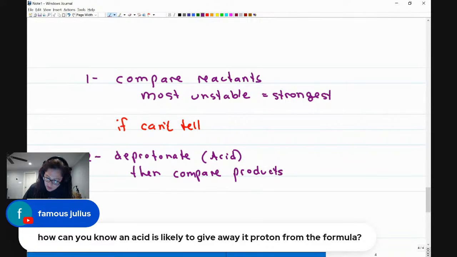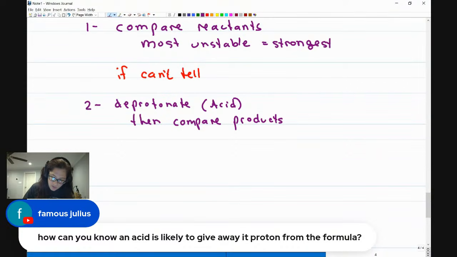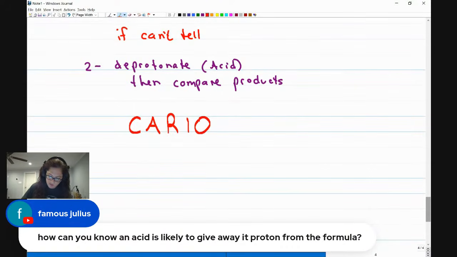Okay, I know this is very hypothetical, so let's turn it into very specific examples, and we're going to use the mnemonic CARIO. A lot of professors teach ARIO. I teach CARIO, and if your professor's teaching CARIO, you know they've watched my videos because I came up with this one. CARIO stands for the following: C-A-R-I-O.